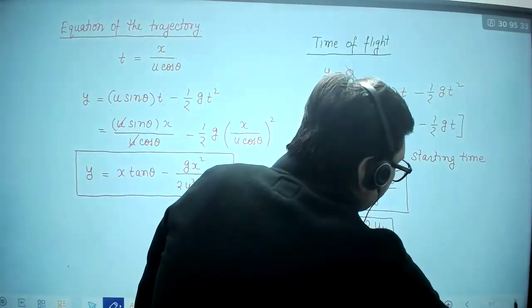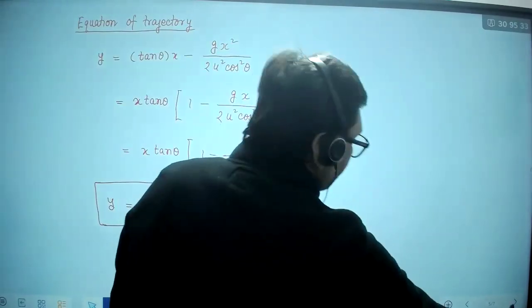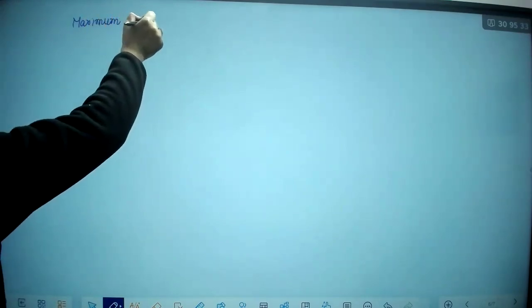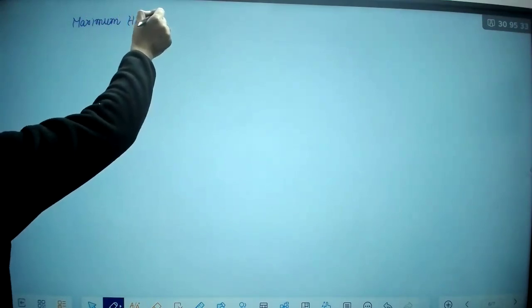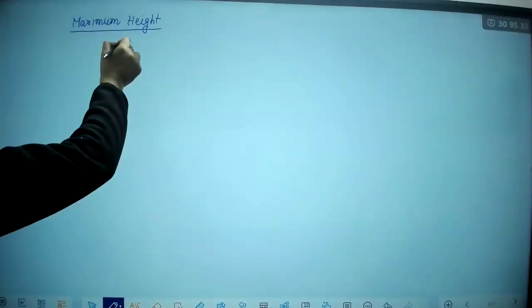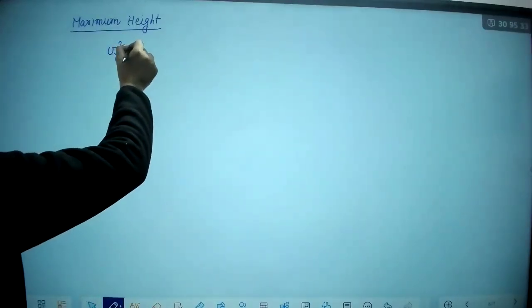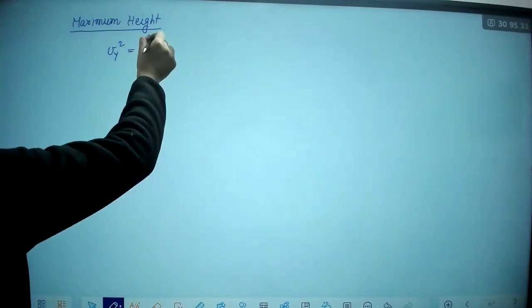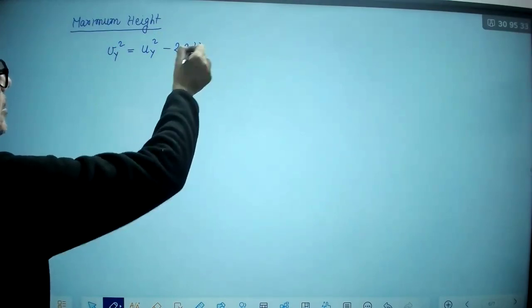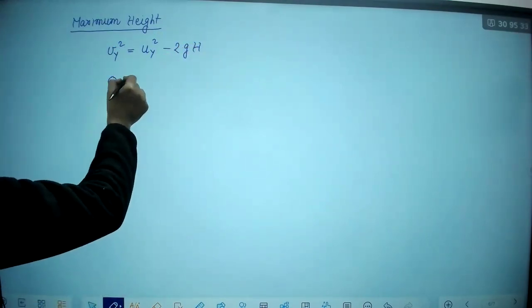So this is maximum height H. Maximum height will be, I'm using the third equation: Vy square is equal to Uy square minus 2g, it is upward motion, and this will be H. Vy is 0 at the highest point.